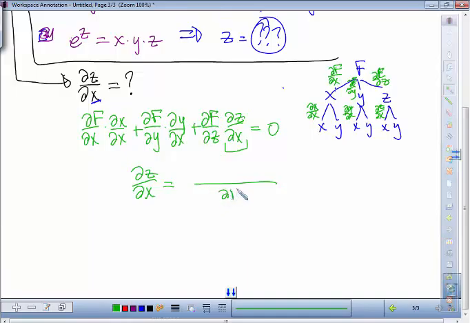Let me do that first, which is normally what we do last. So df dz, and then now let's bring everything to the other side, which will give you negatives. So negative df dx times dx dx, minus df dy times dy dx.